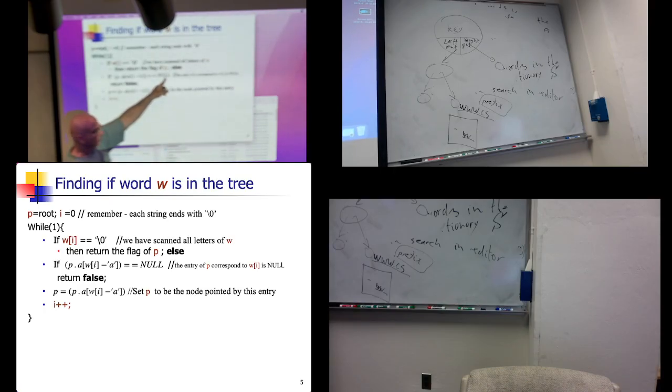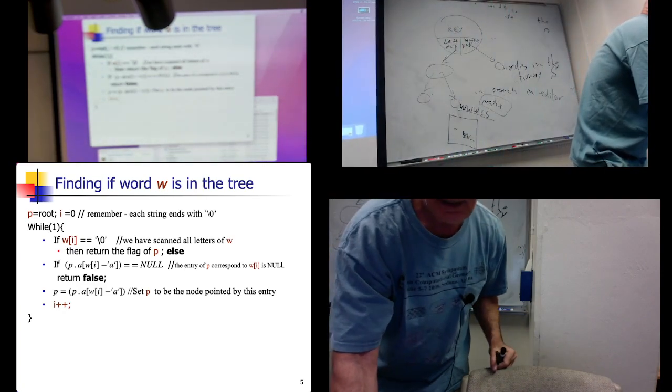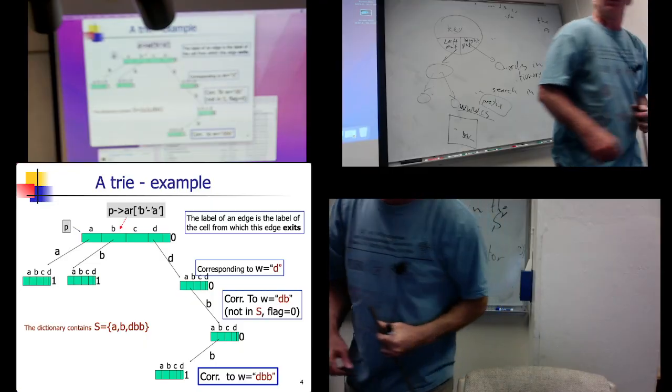I was running into null, and in this case, I'll return no, the word that you're after is not in the dictionary. Otherwise, this address is not null. Go to this address. P will go to point to this new node. Let's see a quick example. I'm going back one step.